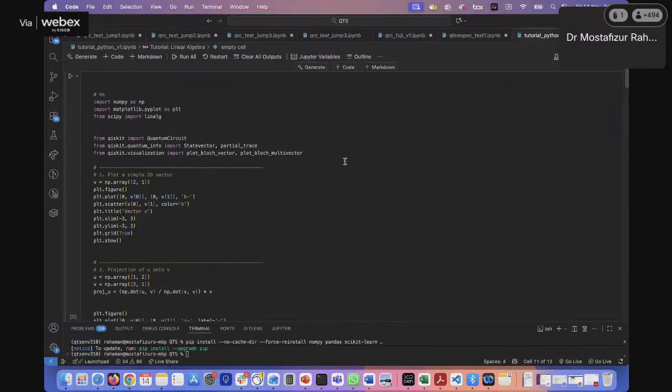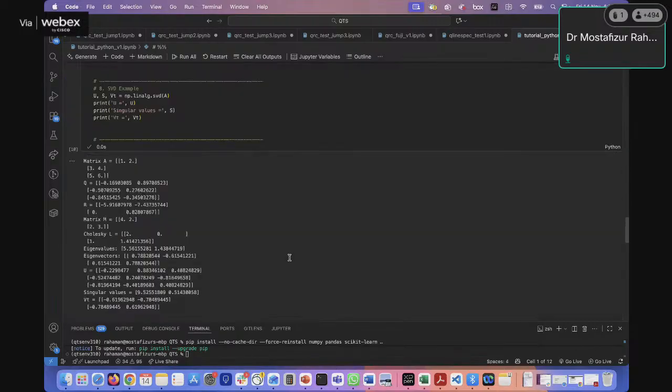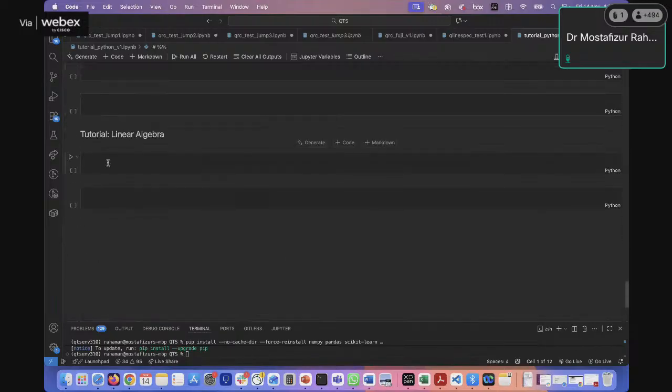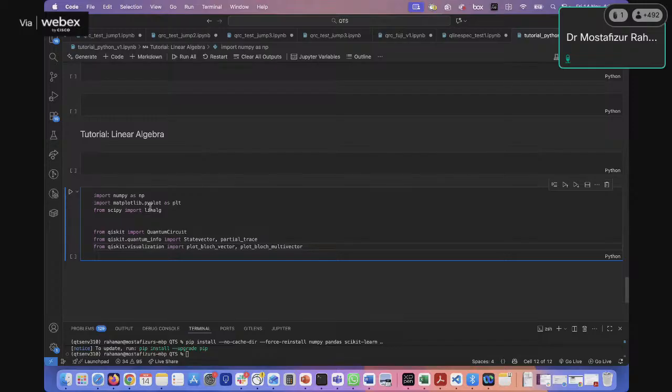Okay, so don't worry about these packages and all. These are very standard packages. NumPy is a package in Python for numerical computation. Matplotlib is similar to MATLAB, basically to help you get some plots.